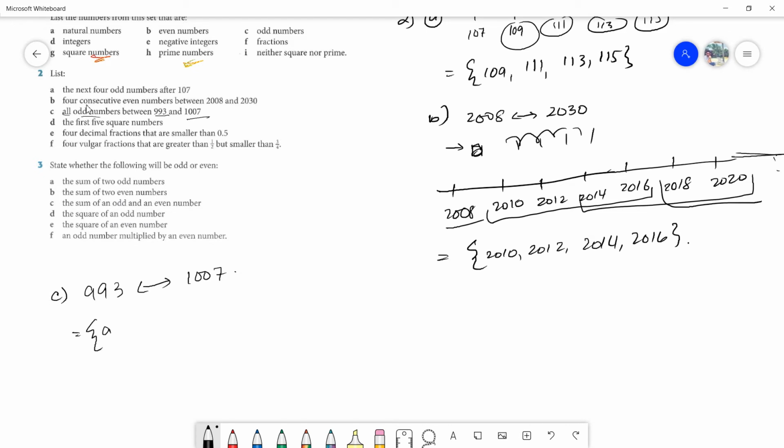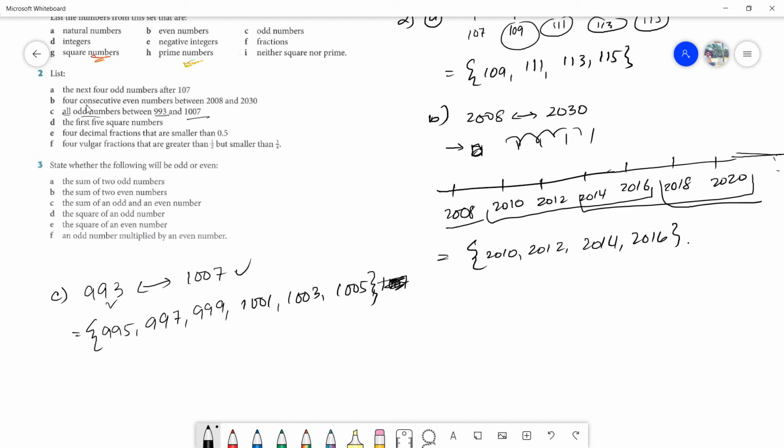So we can write 995, 997, 999, 1001, 1003, 1005, 1007. Oh no, it's right, 1007, because it says between 993 and 1007.